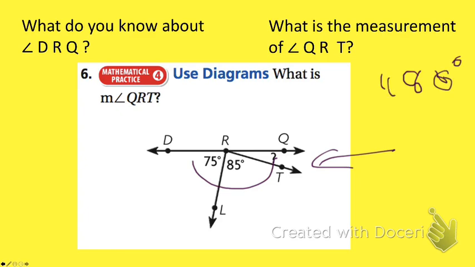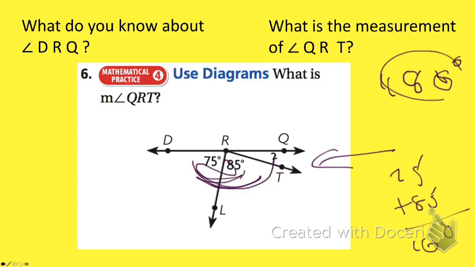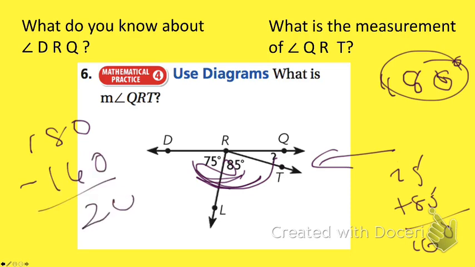So what I would do, I would add these two angles first. 75 plus 85. 5 and 5 is 10. Regroup. 8 is 16. So I know that these two angles make up 160. But I want to reach 180. So I take 180 minus 160, and I've got 20. So this little angle is only 20 degrees.